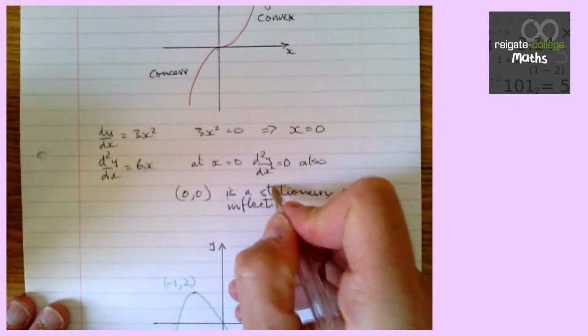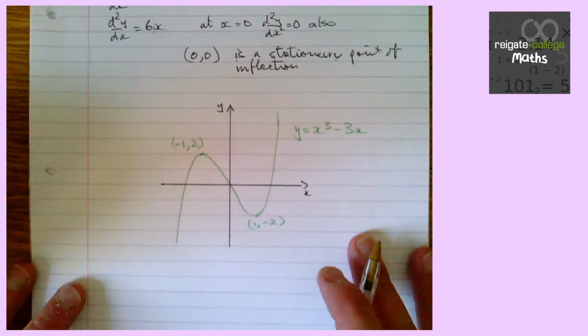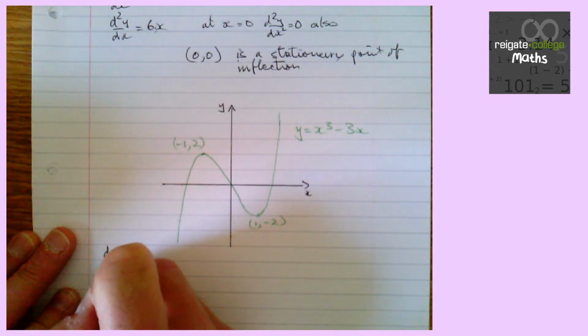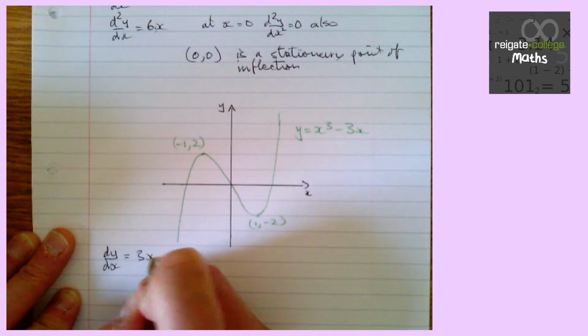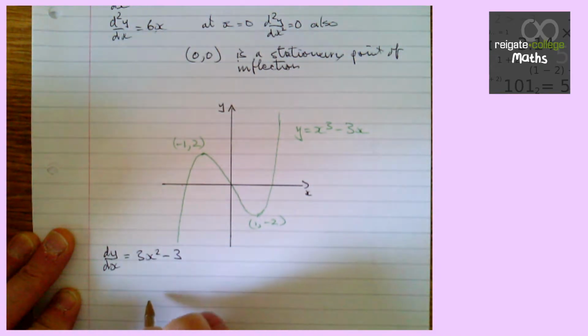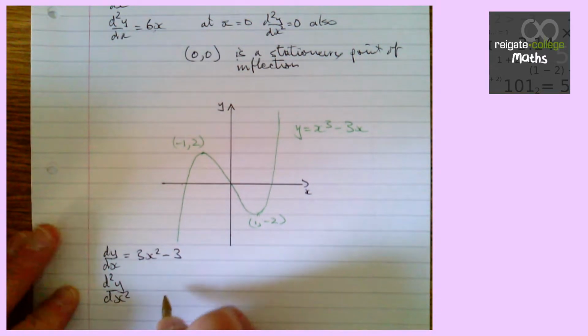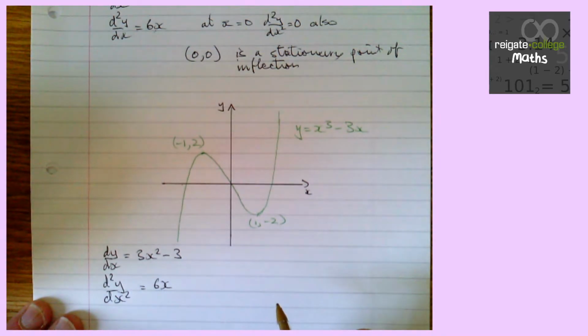Let's just see how that works with the other graph that I showed you, which is y equals x cubed minus 3x. So dy by dx is equal to 3x squared minus 3. Let's just find the second derivative as well, d2y by dx squared. That's equal to 6x.